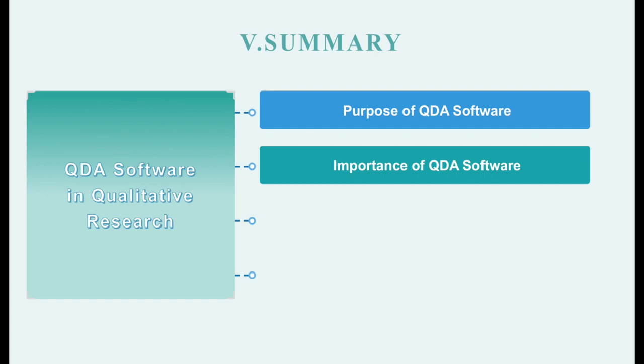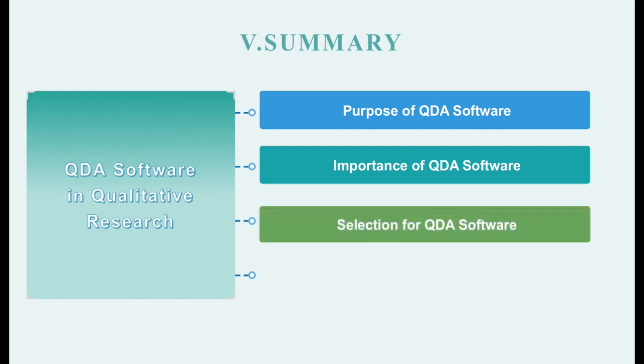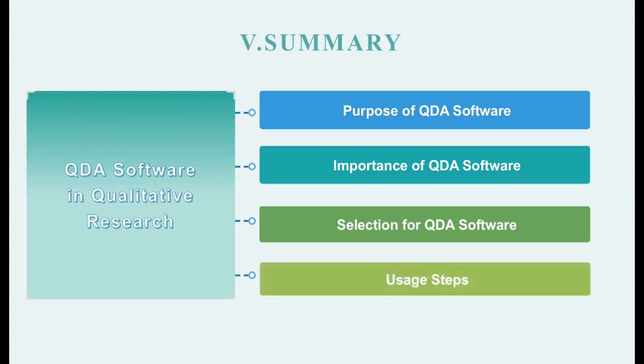We pointed out how it's key for looking at data and writing reports. 3. Selection. We chatted about the many choices out there, and we need to try them out and see what works for us. 4. Usage steps. We broke down the simple step-by-step method from starting with a goal to making a visual summary of our findings.